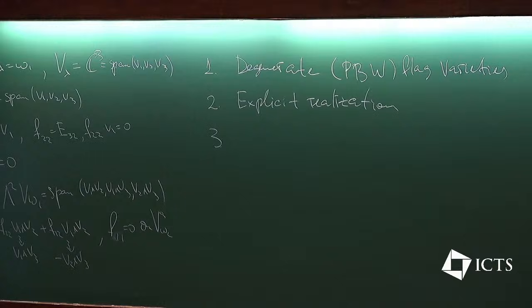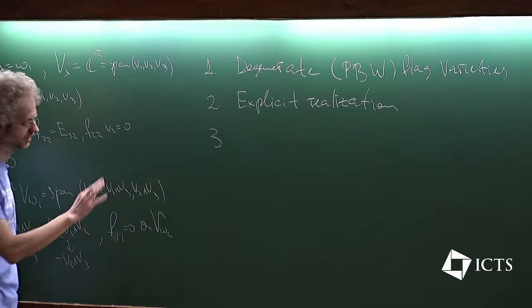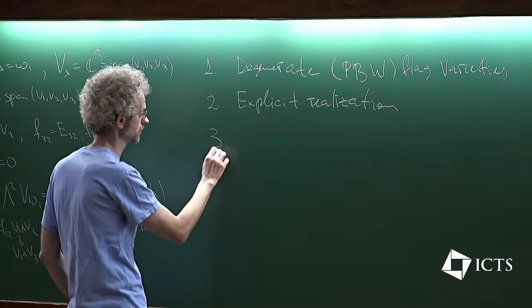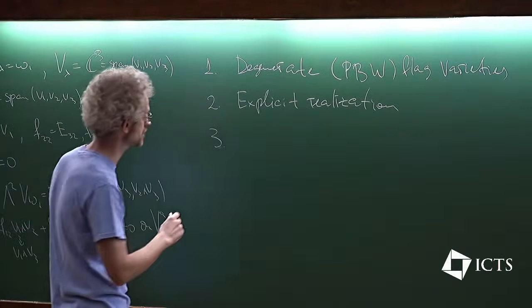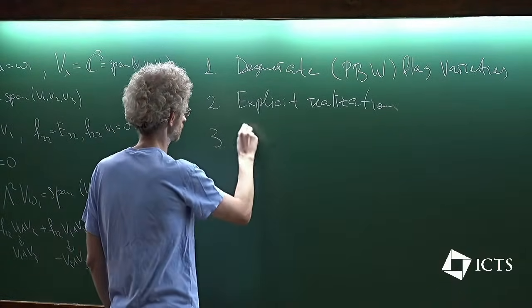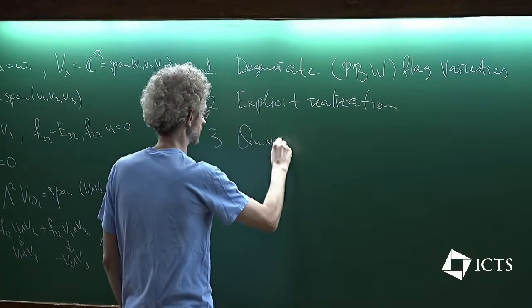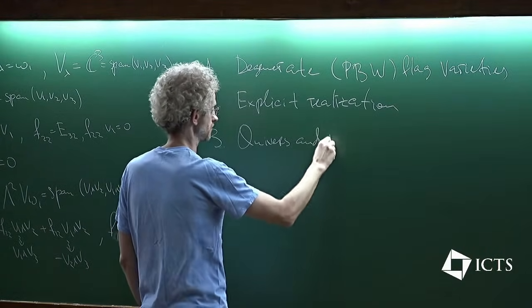We've seen them yesterday, so we will not need this complicated setup. We'll not need relations, but we'll need path algebras and representation theory. So we'll say something about quivers and representations, representation varieties.